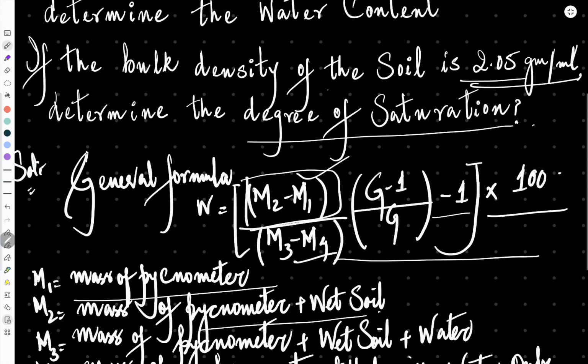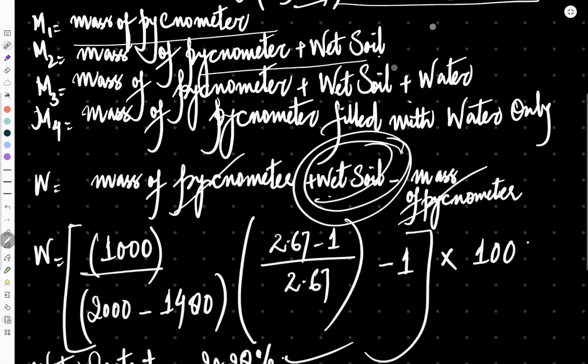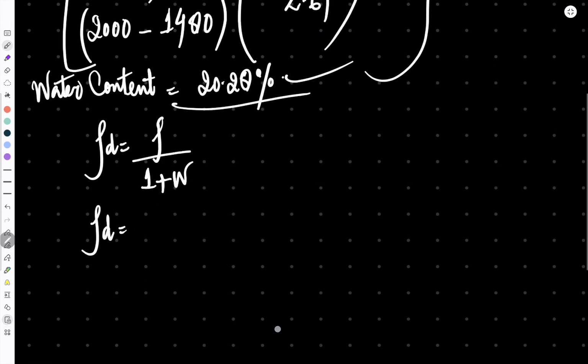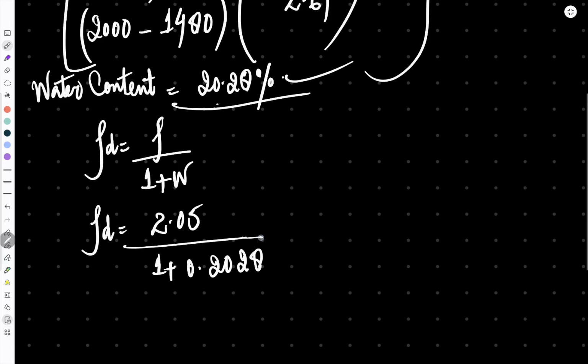If the bulk density of the soil is 2.05 grams per milliliter, then 2.05 grams per milliliter divided by 1 plus water content. We have it. We just found the value of the water content. It is 0.2028. By calculation, dry density is 1.70 grams per milliliter.